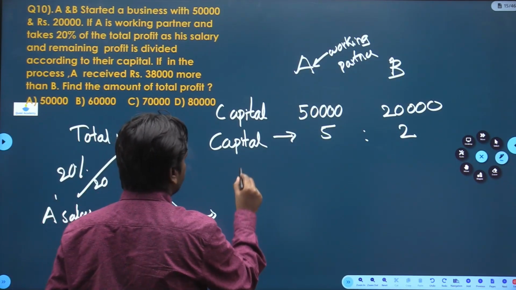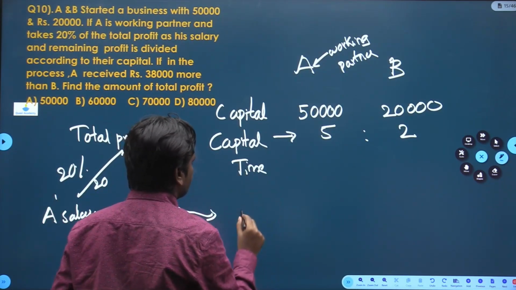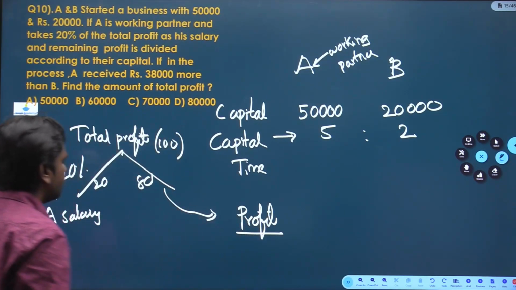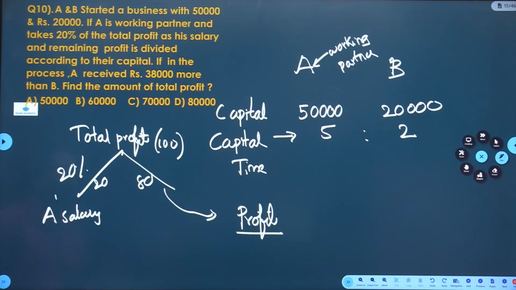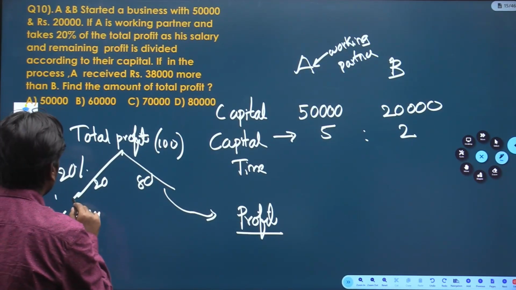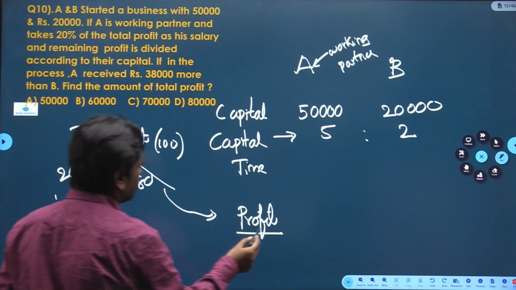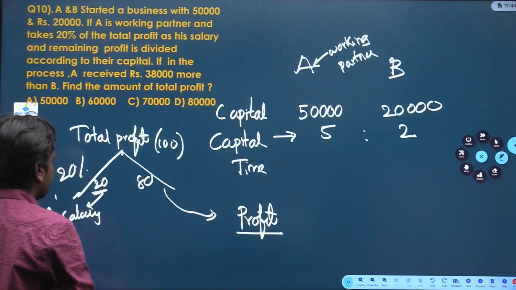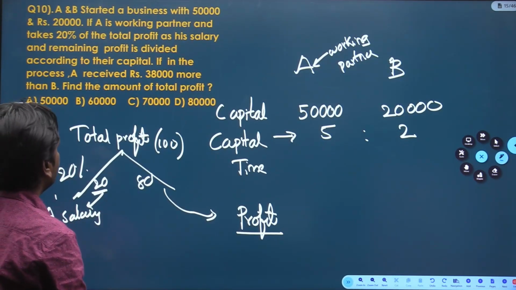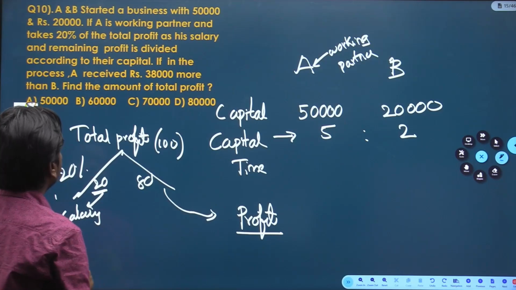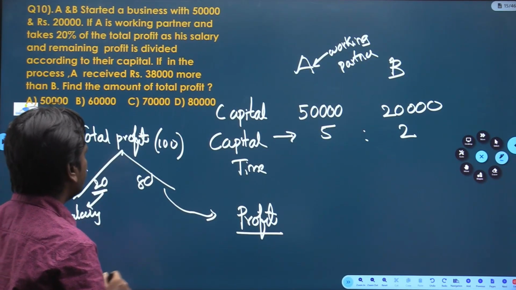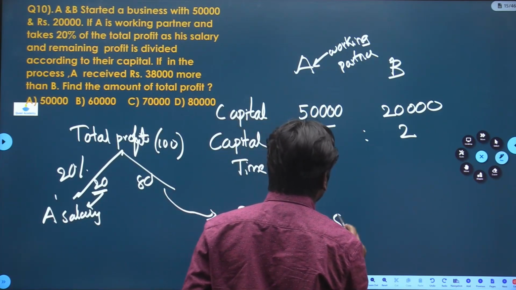Now 20% will go as salary, so 20 units will go to A as his salary because he is a working partner, and the remaining 80% will be distributed according to the ratio of their capital.